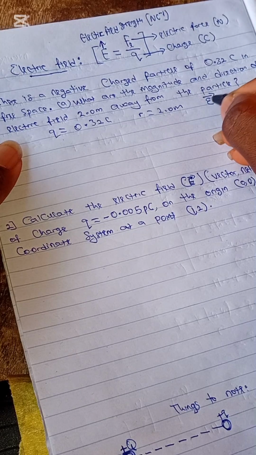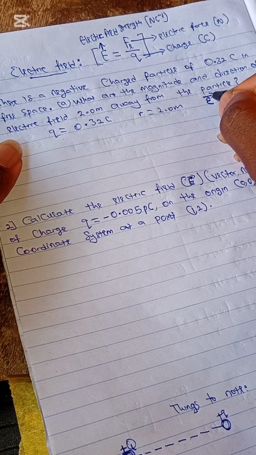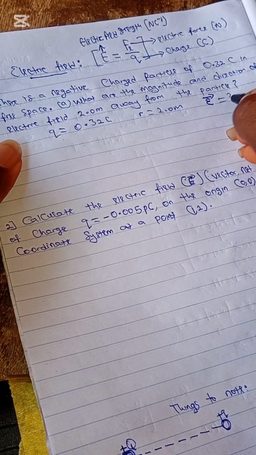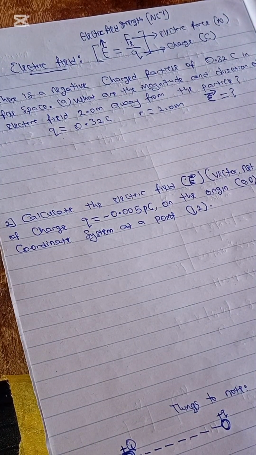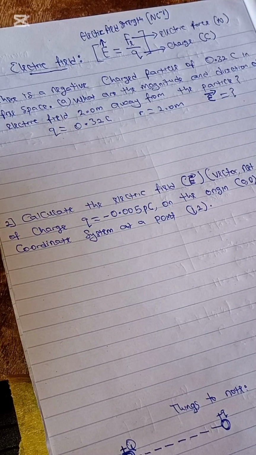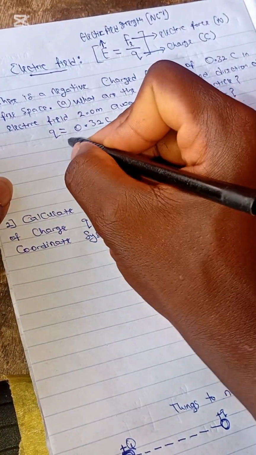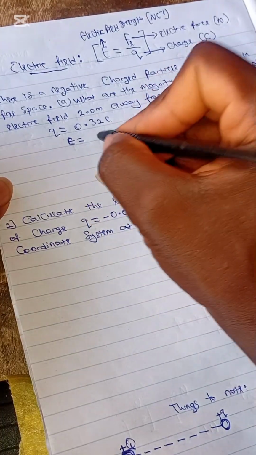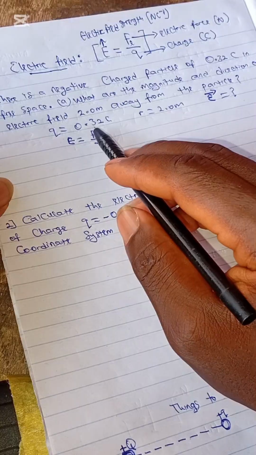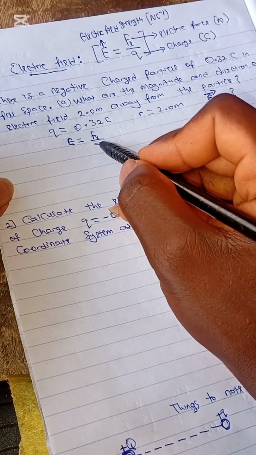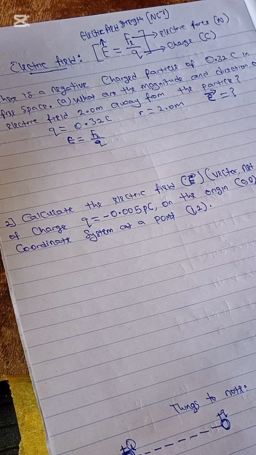So your E, by putting this arrow, I'm signifying the direction too, is equal to what? Unknown. So now what are we going to find? The next thing we are going to find here, we know that E equals Fe over Q. But in this question, we don't have F. We only have Q. Are we together?